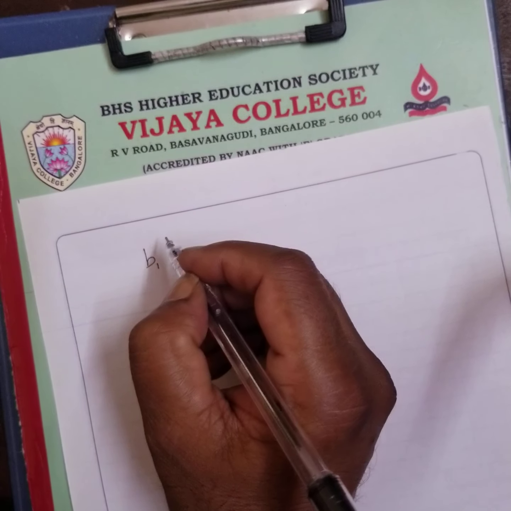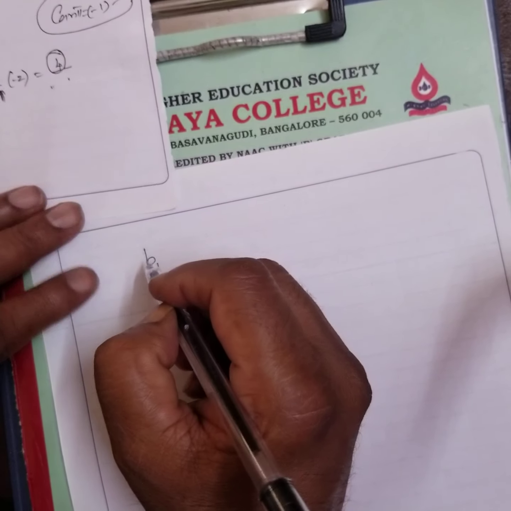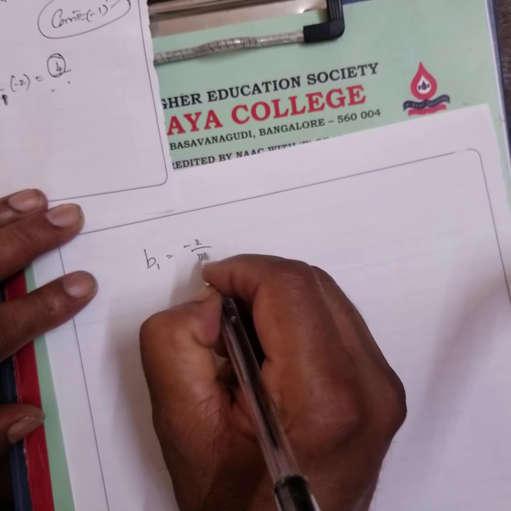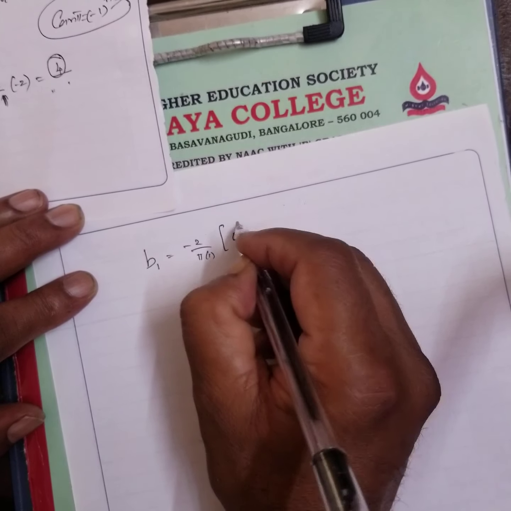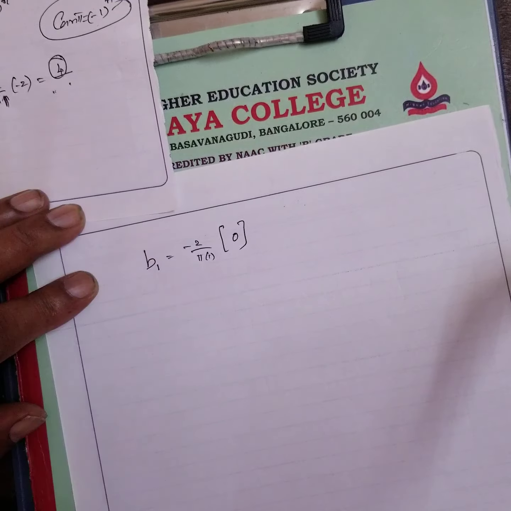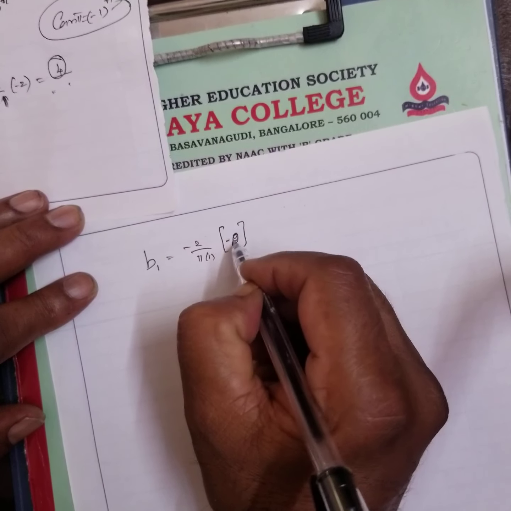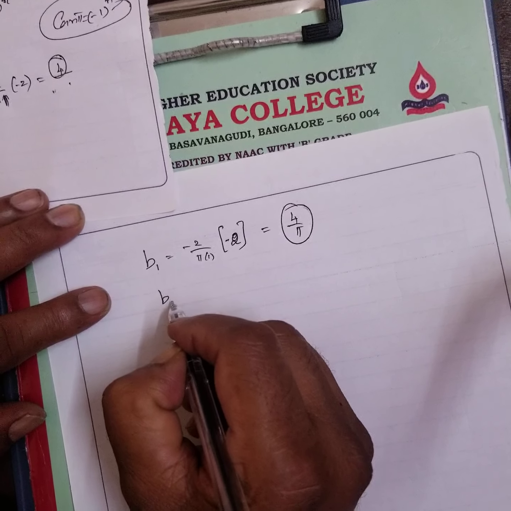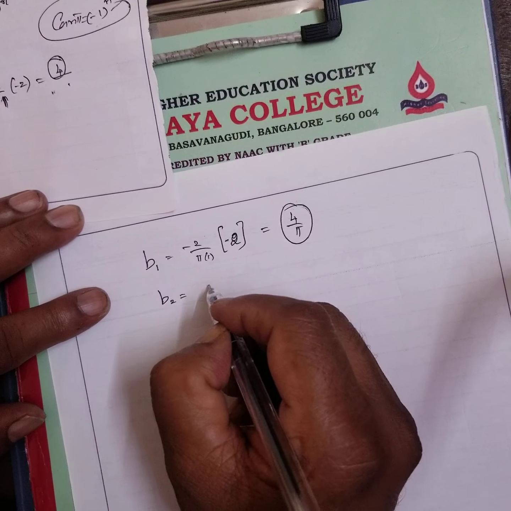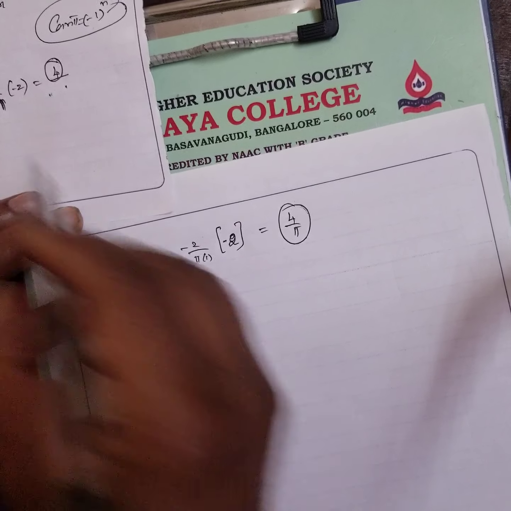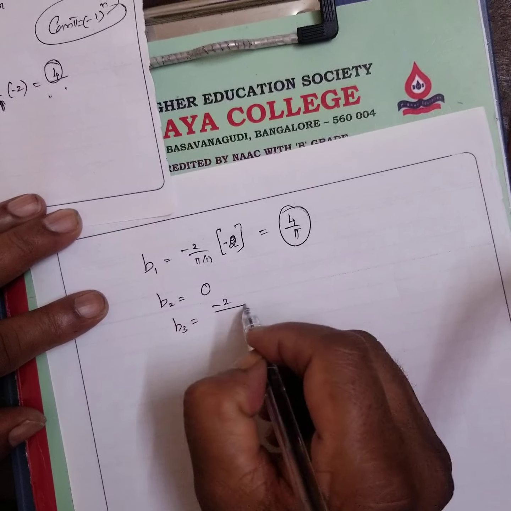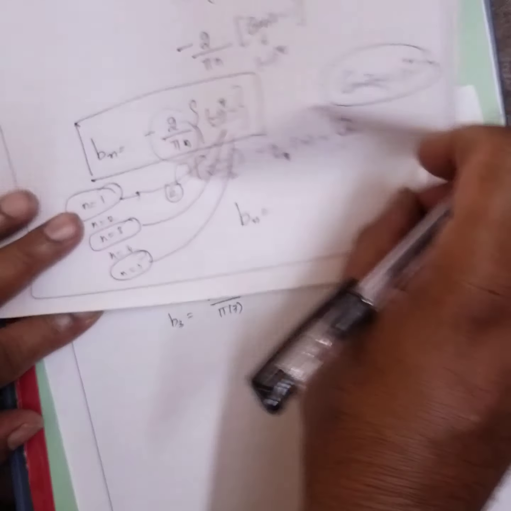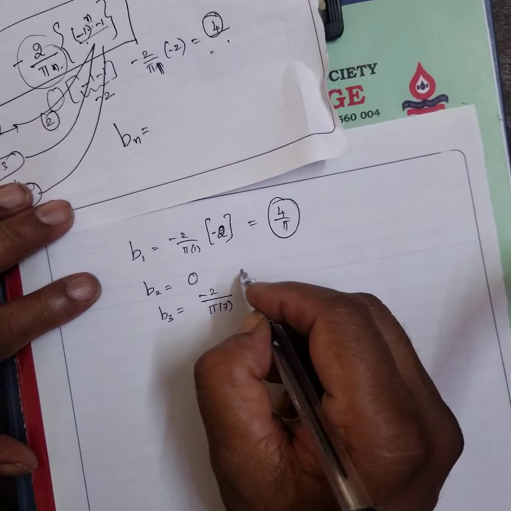B1, when n is equal to 1, B1 is equal to what? Minus 2 by pi into 1, minus 2, therefore 4 by pi. B2, what do I get? 0. B3 is what? Minus 2 by pi into 3, n is equal to 3. Here what do I get?